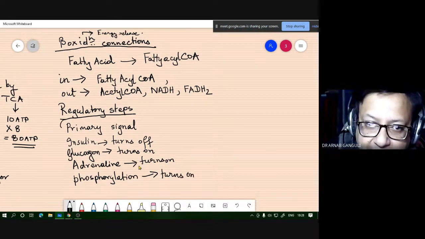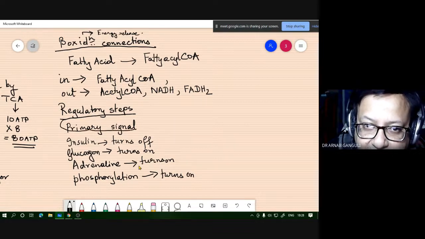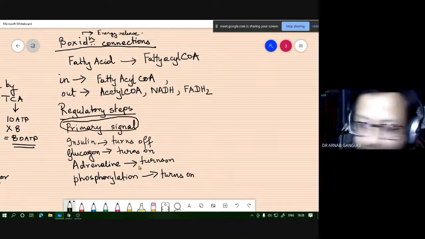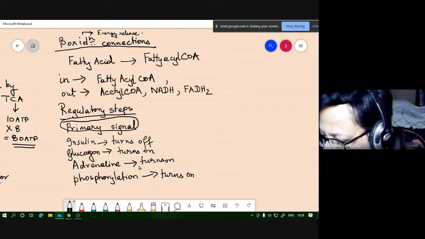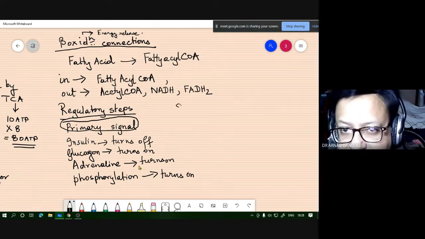These were the primary signals. Remember them. Now we talk about the secondary signals.